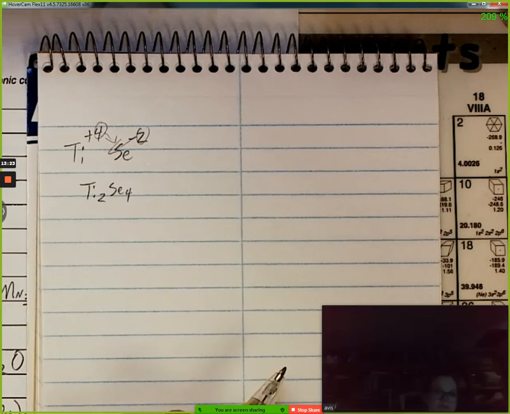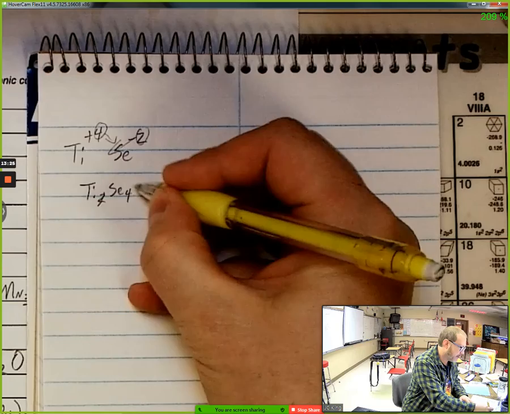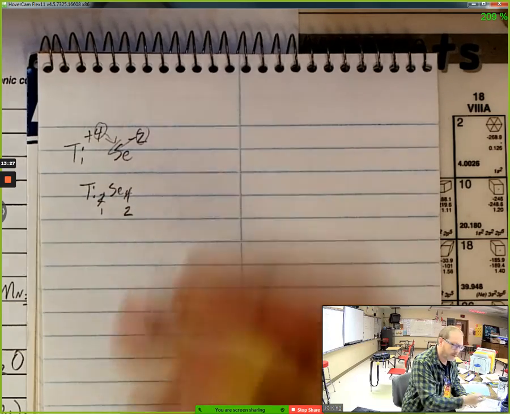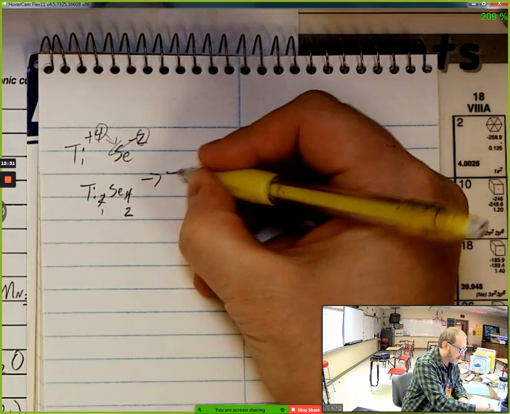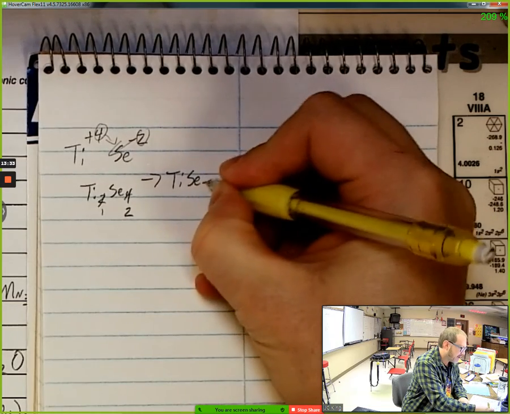Yes, I can. Absolutely. So I can reduce that down to 1 and 2. So in other words, according to the crossing over method, the answer is going to be Ti Se2.